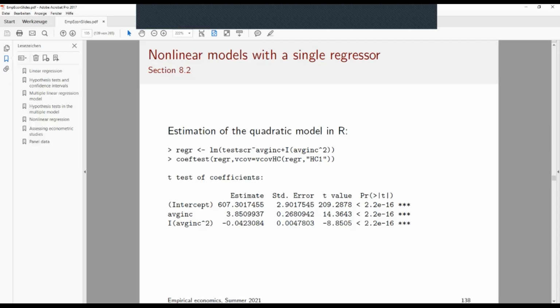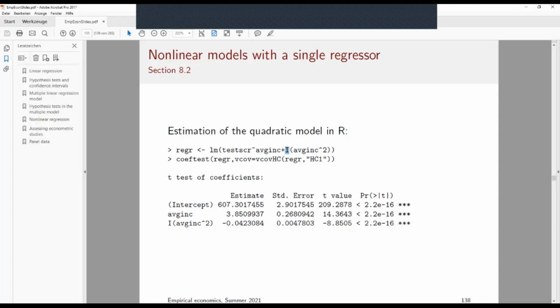But be aware that you cannot use just the square as an operator here, but you need to wrap the capital I function around the squaring of your variable, or around the transformation of your variable. That allows you to directly put the squared income into the formula of the lm command.